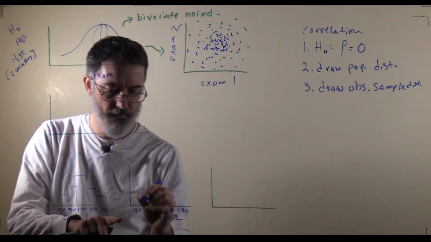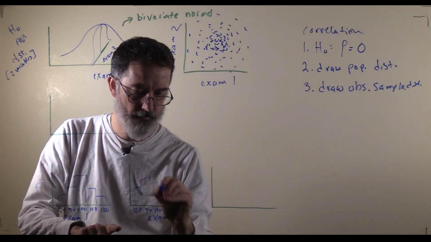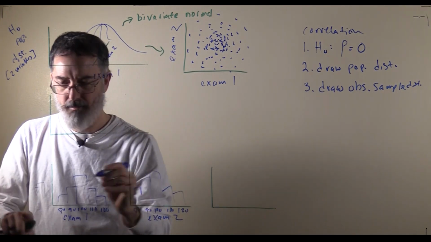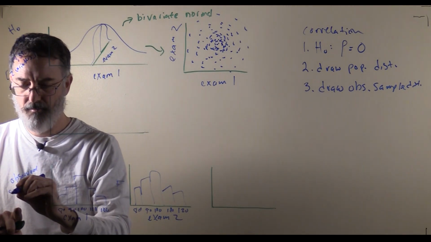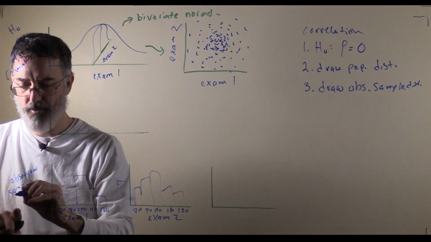These are frequency. And these are our observed sample distributions here.